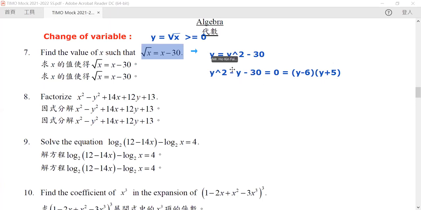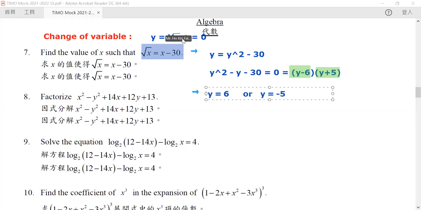Since this is equal to 0, at least one of these factors must be equal to 0. Either y minus 6 is equal to 0 or y plus 5 is equal to 0. So our y must be either equal to 6 or equal to negative 5.